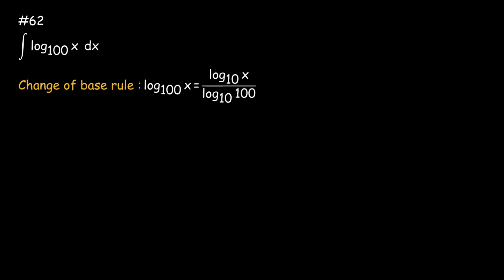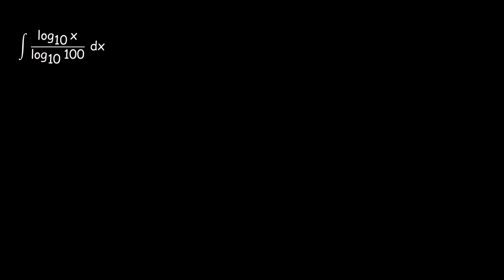Now, we are going to replace this into our original question, but you need to keep in mind that the log of 100 to base 10 is the number 2. Now we can write the question without the bases, since they are base 10, and the log of 100 would actually be 2.